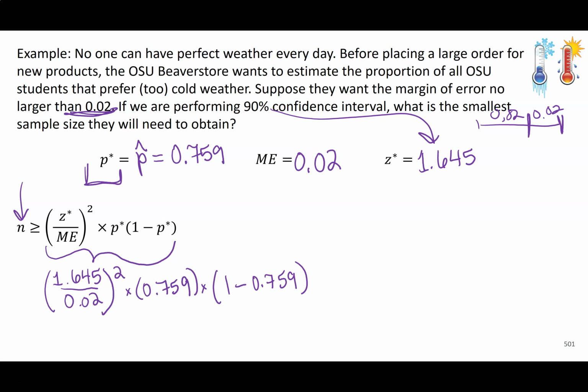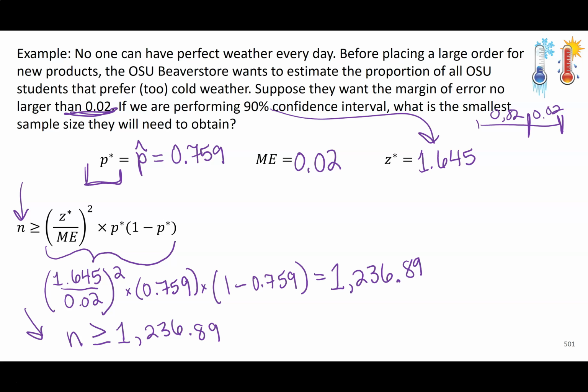So do this math right here, it comes out to 1,236.89. So just to draw everything back together, my sample size needs to be greater than or equal to 1,236.89.